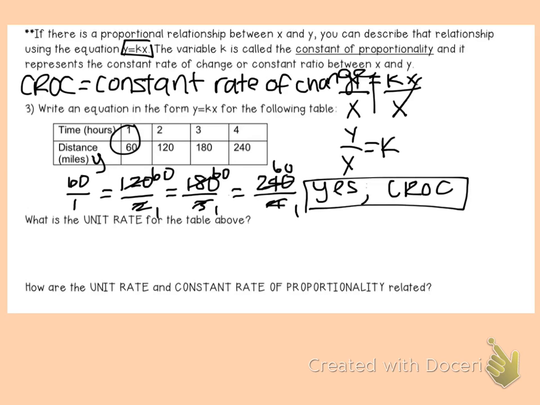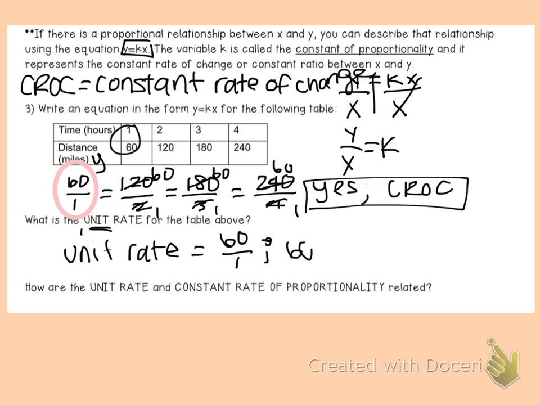What is the unit rate for the above? Well, remember, unit means 1, right? Right here, that is what we simplified to. So the unit rate equals 60 over 1, which is, what does 60 represent? 60 represents miles, right?